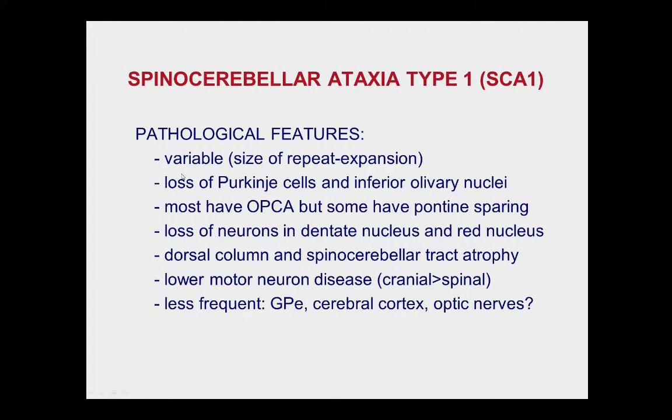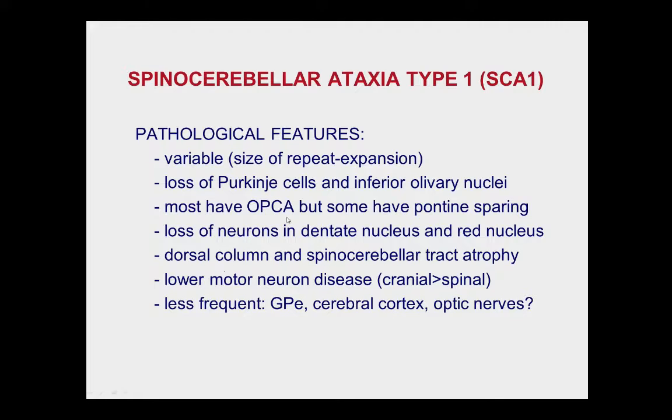Pathologically, it can be quite variable, and that seems to depend somewhat on the size of the repeat expansion. The general rule is that the longer the repeat, the earlier the onset and the more severe the course. So people with short repeats tend to have later onset disease that's milder, and people that have longer repeats tend to have more severe disease.